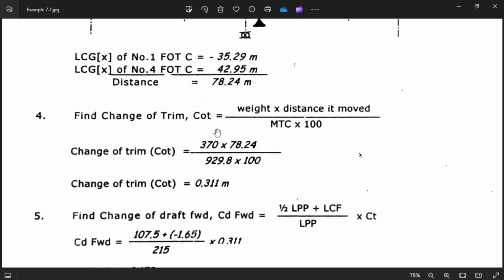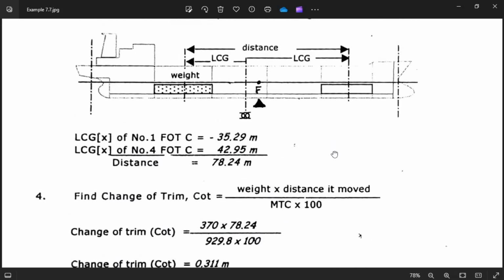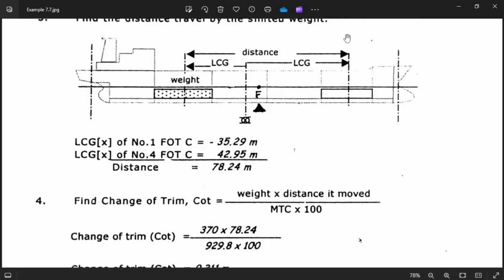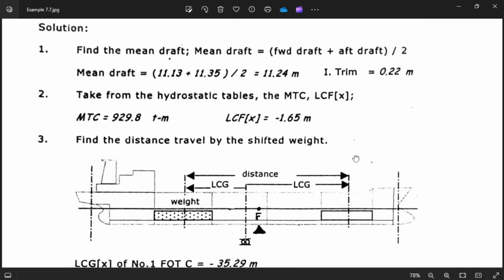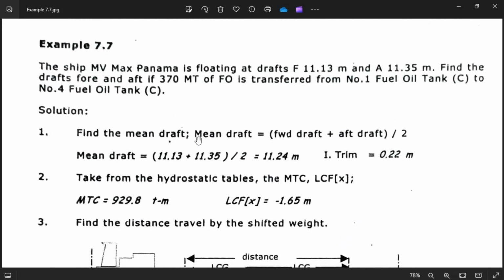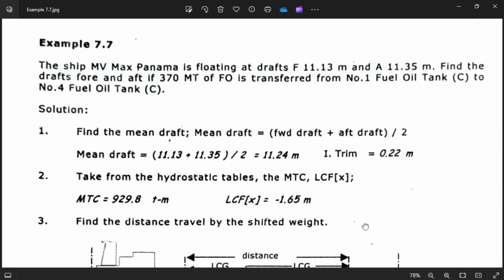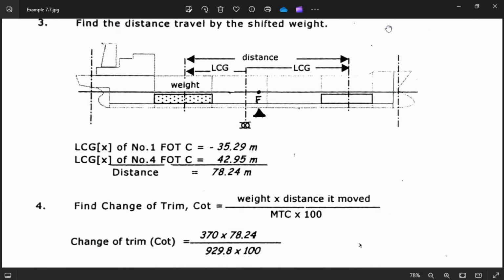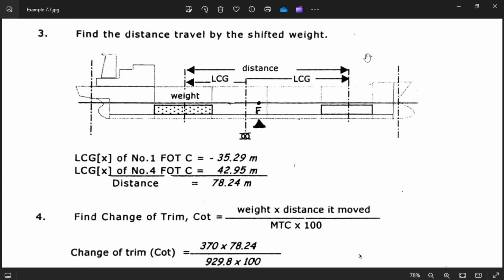Number 4, find the change of trim, or COT. The formula is change of trim equals weight times distance it moved over MTC times 100. The weight of the cargo or fuel is 370 metric tons. Okay. So what will be the distance it moved?